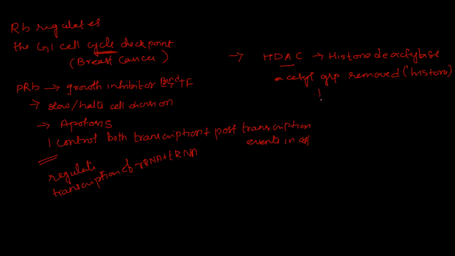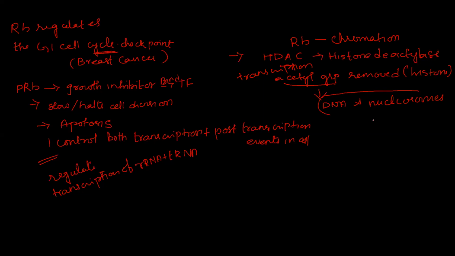Now a closer association will be found between the DNA and the nucleosomes. See, this RB has an association with the chromatin modifying protein HDAC, and this affects the transcription by removing an acetyl group. Now the DNA and the nucleosomes will be much closer.